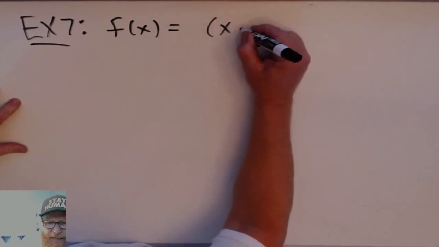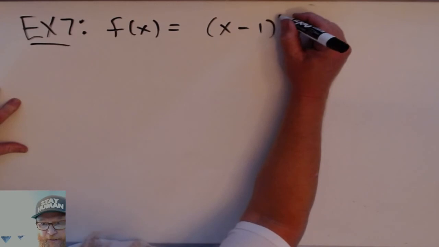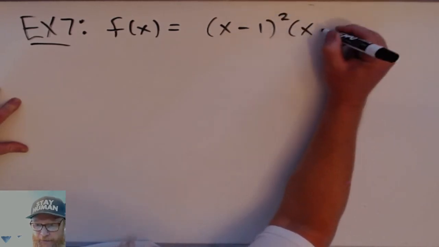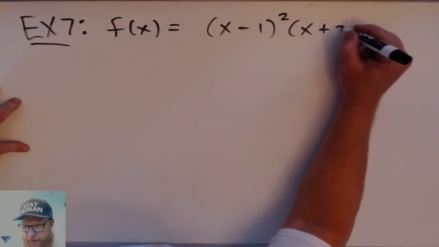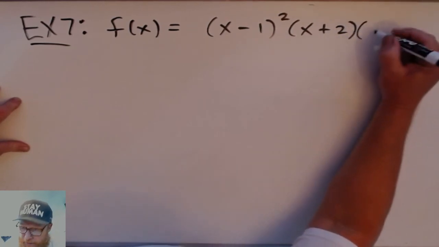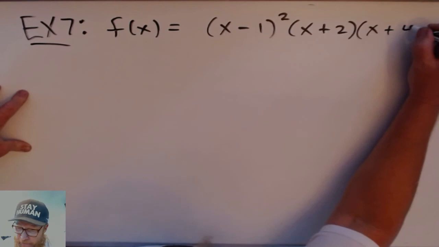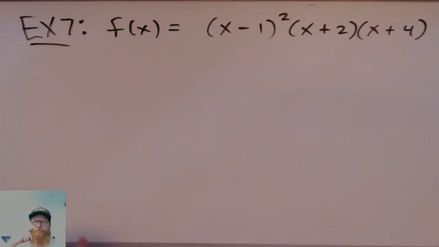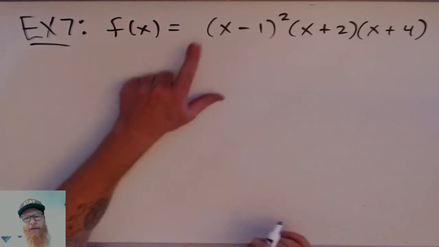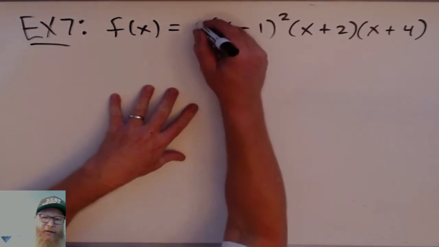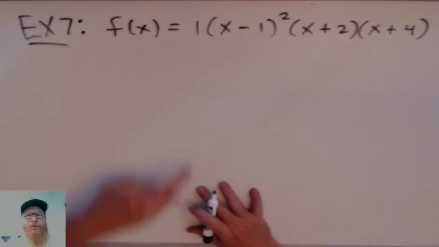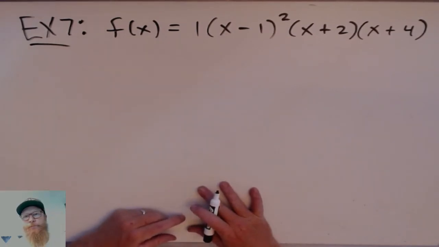Okay, so we got x minus 1 squared times x plus 2 times x plus 4. And there is no leading coefficient, so the leading coefficient would be 1, which you don't even have to write when it's 1.